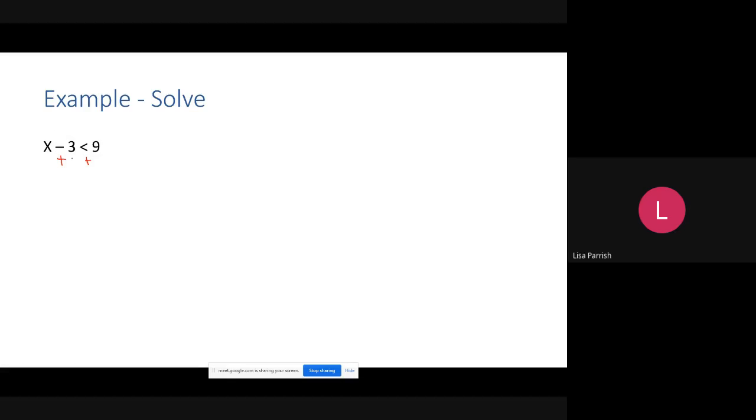So since the 3 is over here, I'm going to add the 3 to both sides. That's going to cancel out. And I'm left with x is less than, remember, bring the inequality sign down. You don't have an equal sign. 9 plus 3 is 12. So x is less than 12.